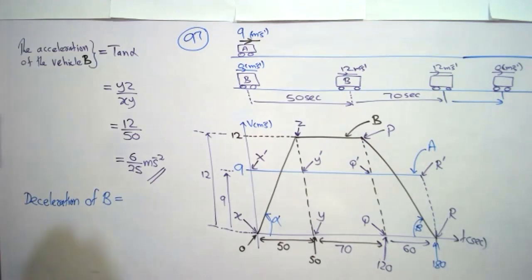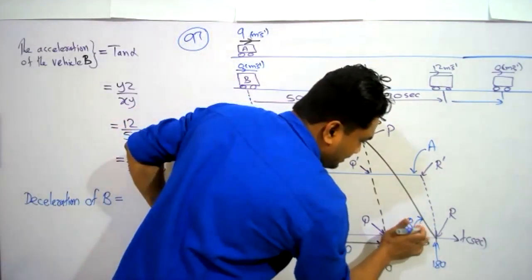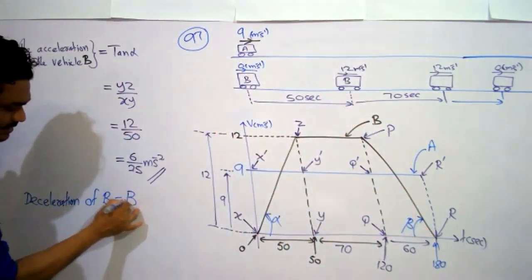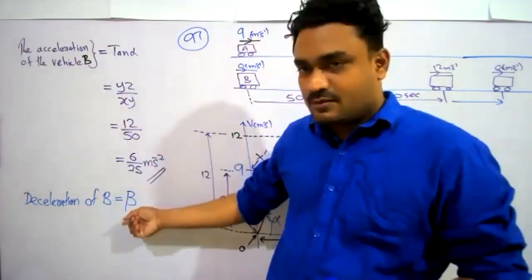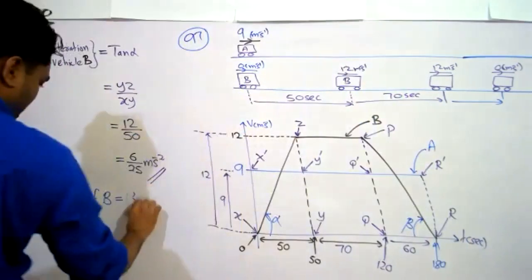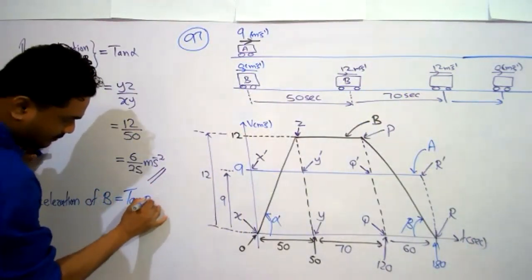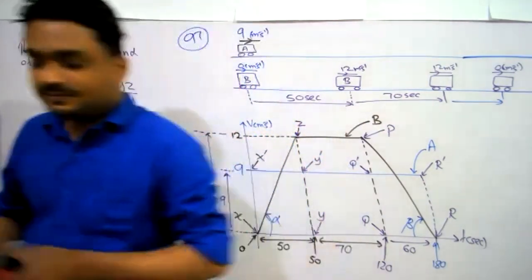Can you find it without my help? This is angle beta, right? Angle beta. Can you find deceleration without my help and send your answers to my Zoom chat here? Find the deceleration. Use this equation. Deceleration equals tan beta. Can you use this equation? Find the deceleration and send to my Zoom chat right here.